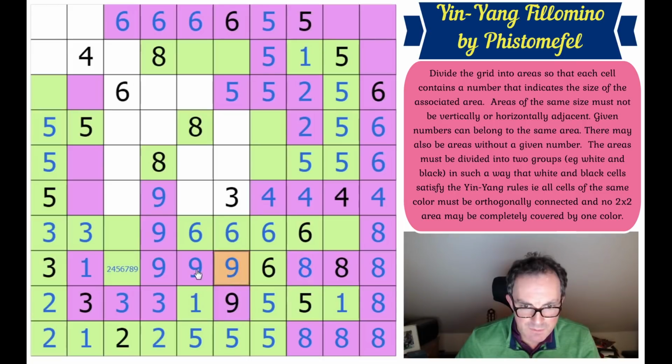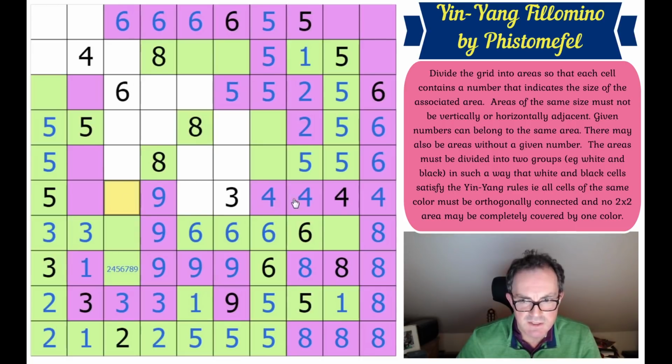1, 2, 3, 4, 5, 6. So it could just take those 3. If the 9 doesn't take this square, it would have to come this way, and it will trap the 3 in.